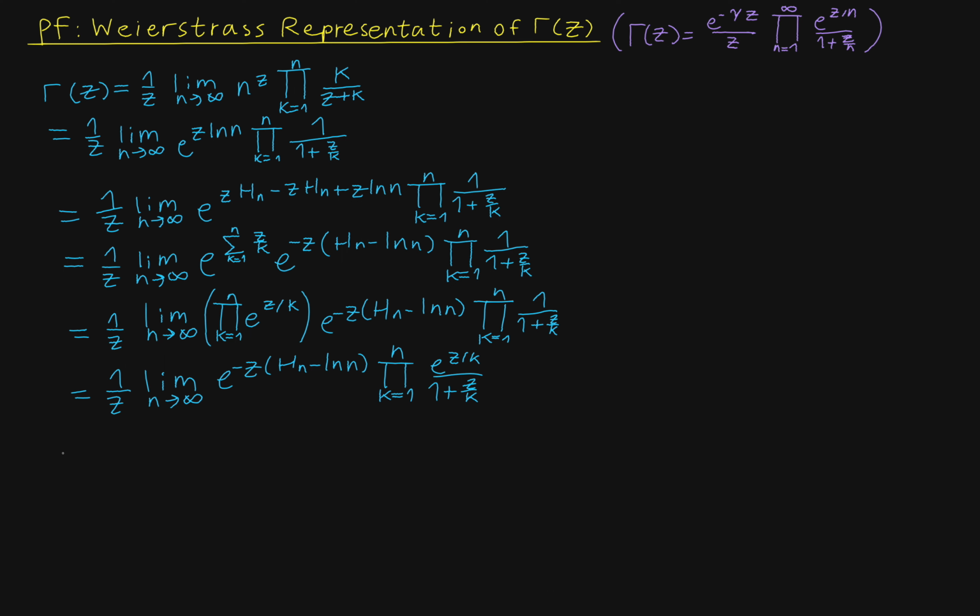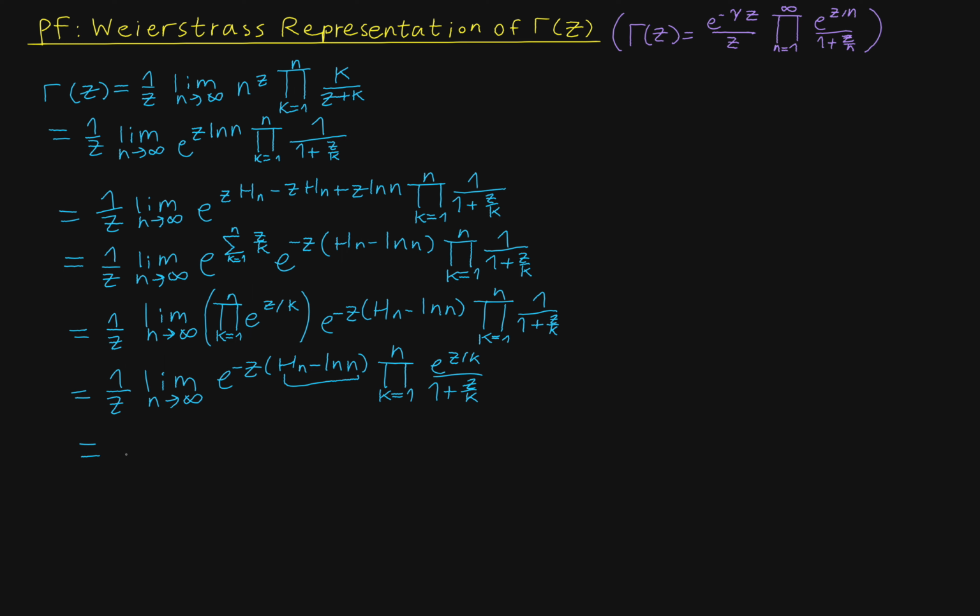Right. And now applying the limit, so we're going to get an infinite product, and because of this relationship here, you can basically pass the limit through the exponential and the minus z, right? Because e is obviously continuous as n approaches infinity, and then the minus z is just a constant that comes out.